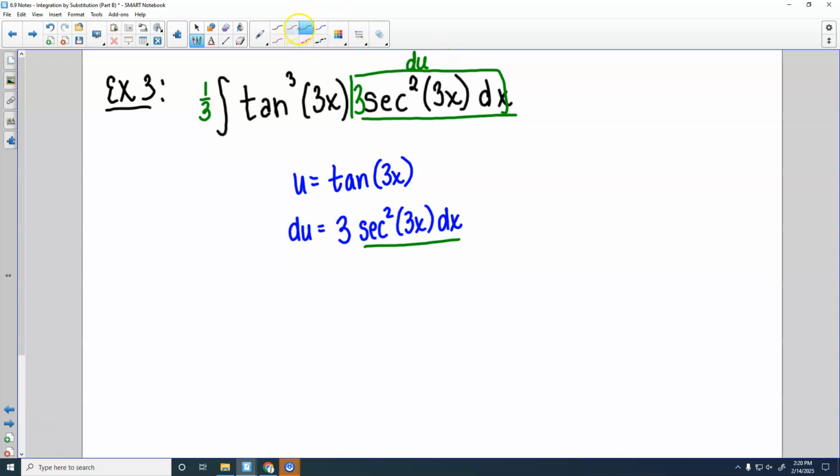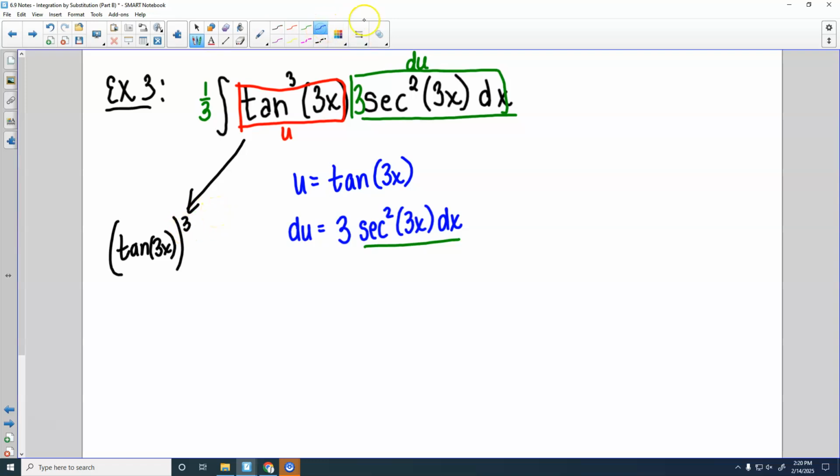Okay. This stuff right here, not including that cube, is my u. That looks a little bit weird because of the way we write exponents for trig stuff. But what that really means is that this stuff right here is tangent of 3x to the 3rd power, right?